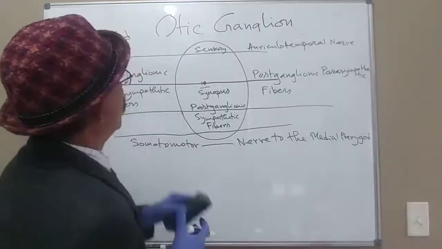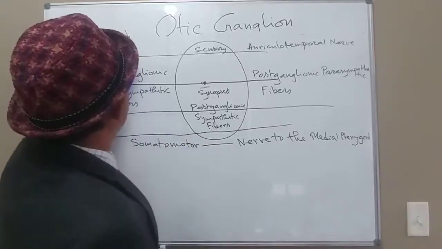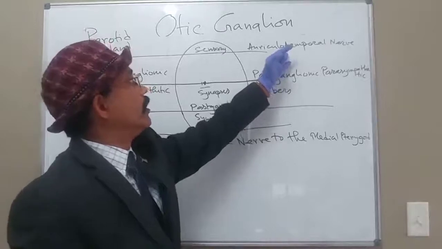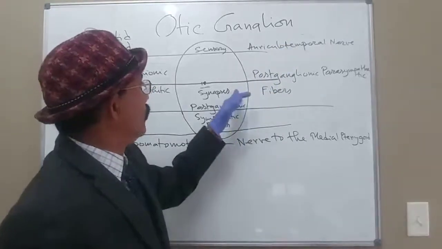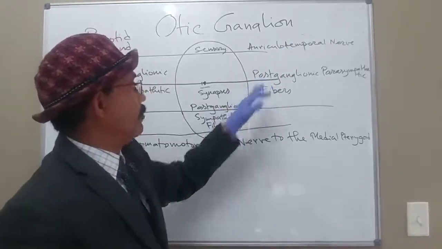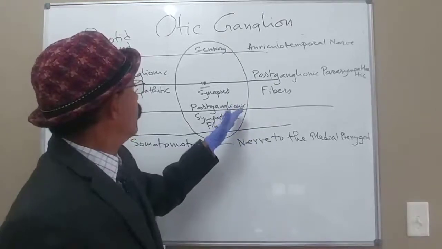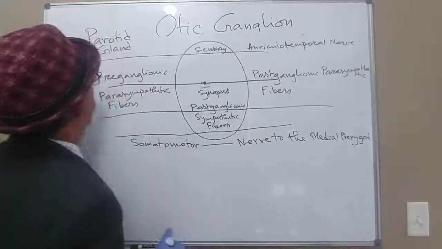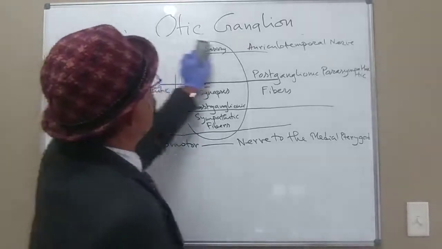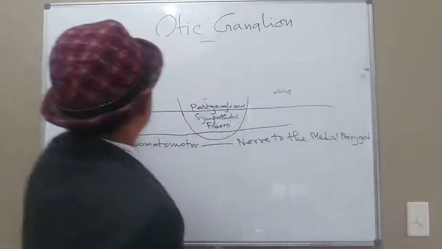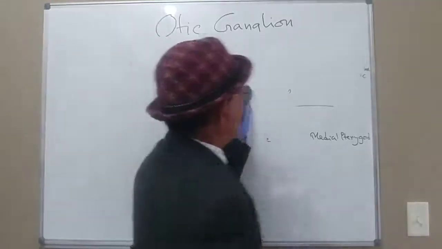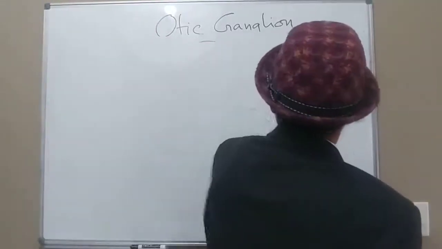Most of the nerves go to the parotid gland through the auriculotemporal nerve. It carries sensory fibers, postganglionic parasympathetic fibers, and postganglionic sympathetic fibers. Okay, we got the otic ganglion. Now we'll go to the flow chart: the flow chart of the parasympathetic, and the flow chart of the sympathetic.